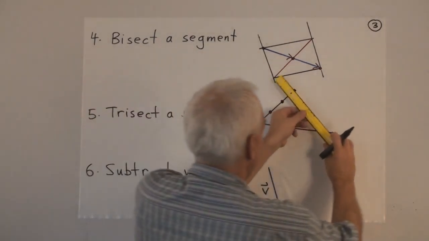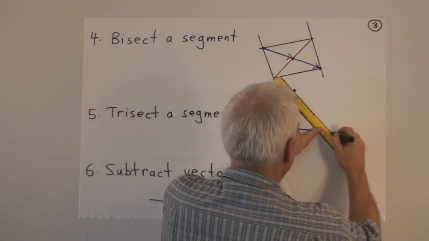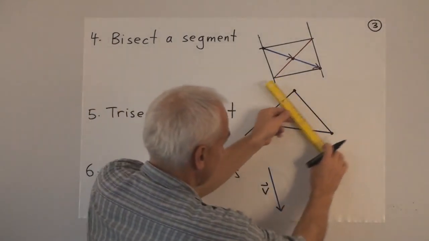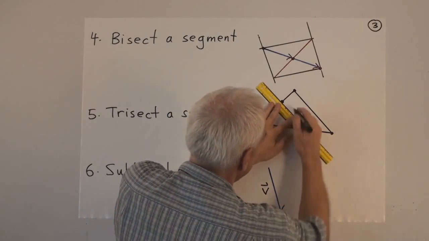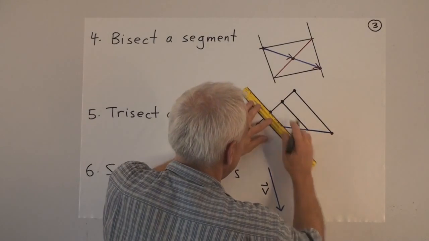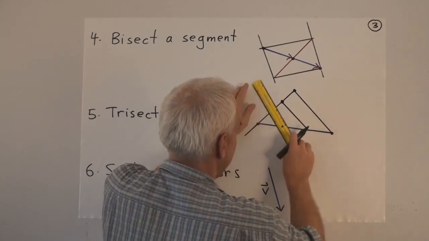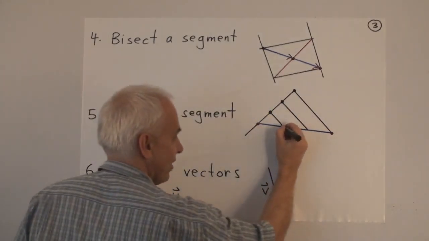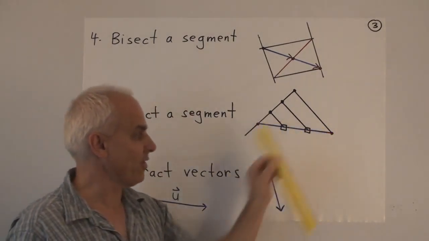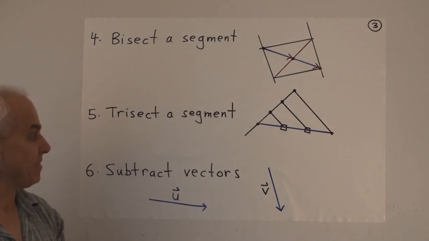And then we draw parallels to our endpoint, and parallel to that, another line there, and another line there. And that gives us then our 2 points that we're after to divide our original segment into 3 equal pieces.